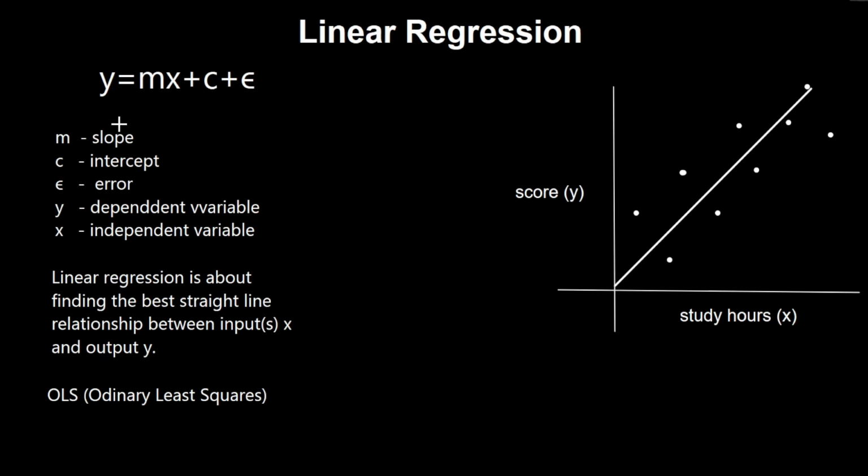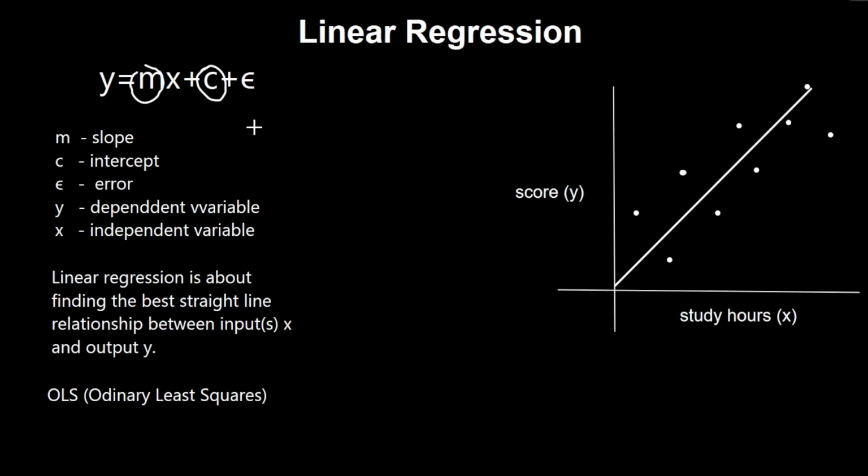That's what is represented by this equation. We have the y, which is the dependent variable. The dependent variable is the output variable, and we have the independent variable or variables, the input variables we use to predict the output. In order to find any line, we need to find these two values, the slope and intercept.